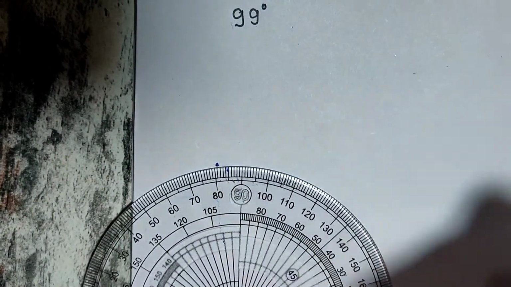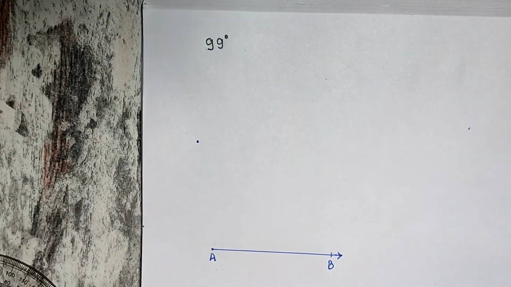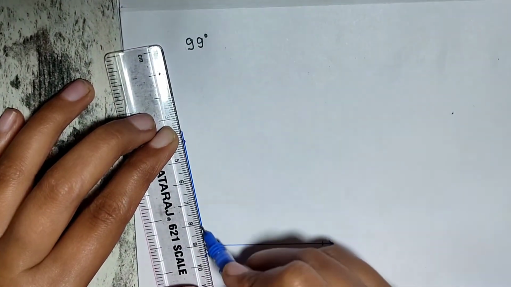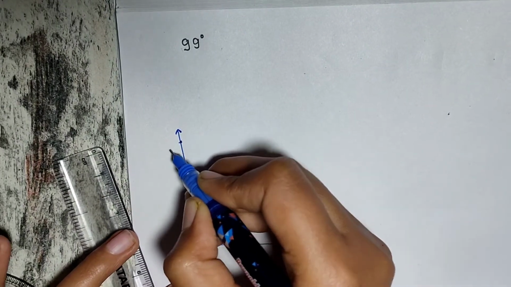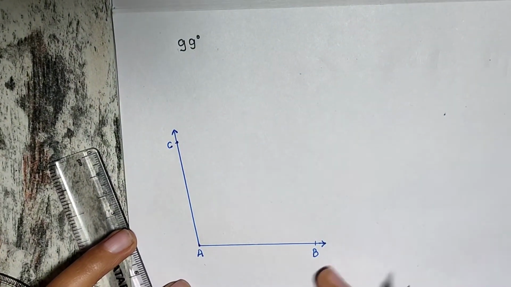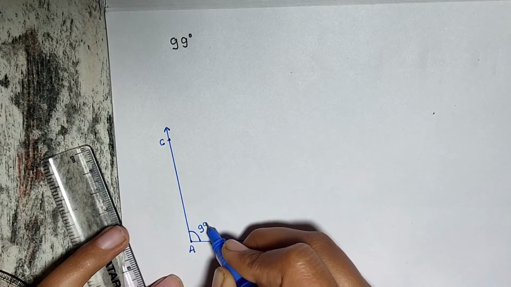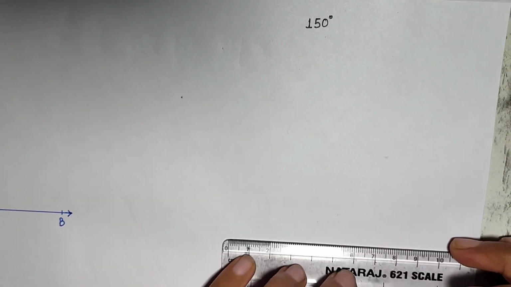So we have to put a point here just before 100. Now join these two points. Name this point as C. So here BAC is 99 degrees.